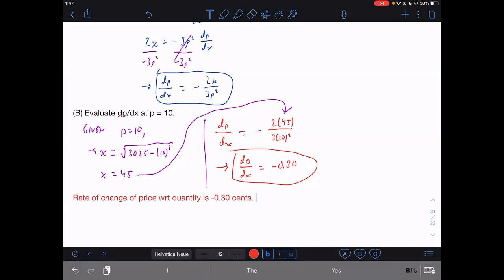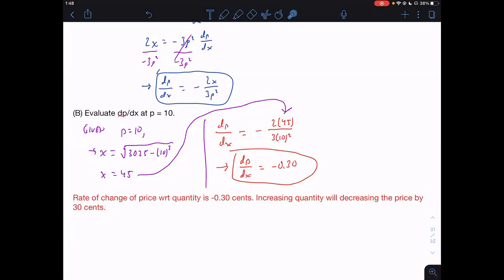This is telling me that if we increase our quantity, that will decrease our price by 30 cents. Okay, price will be decreasing by 30 cents for every increase in quantity at this price point.